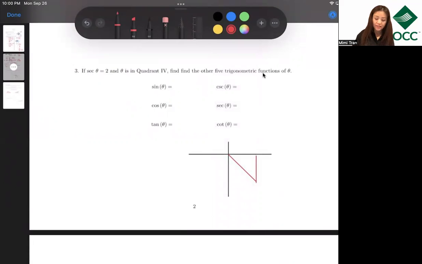Secant theta, well, we cannot express things in secant terms, so we're going to change the secant of theta into cosine. Secant of theta is the same thing as 1 over cosine theta, and that is equal to 2.